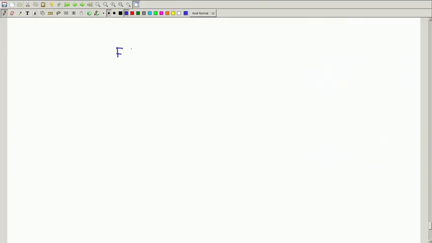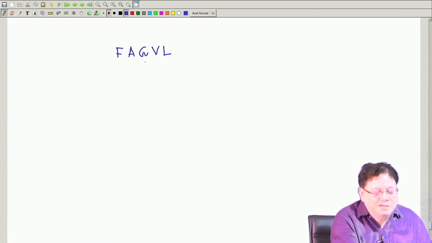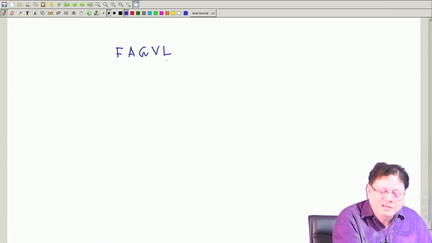Now, the way we write a peptide, suppose I write this: F A G V L. What does it mean? F is phenylalanine, A is alanine, G is glycine, V is valine, L is leucine.